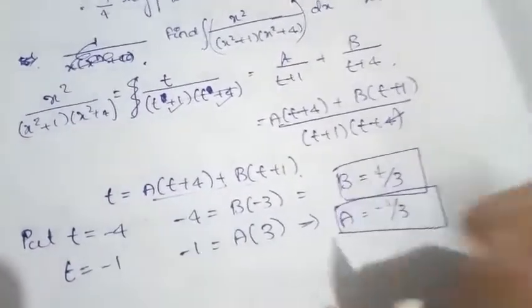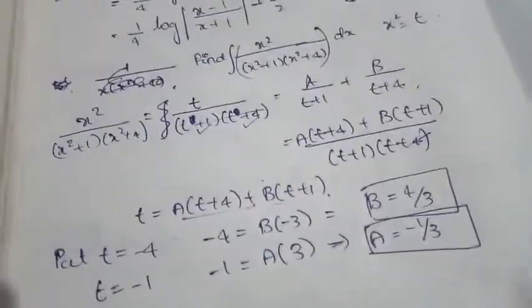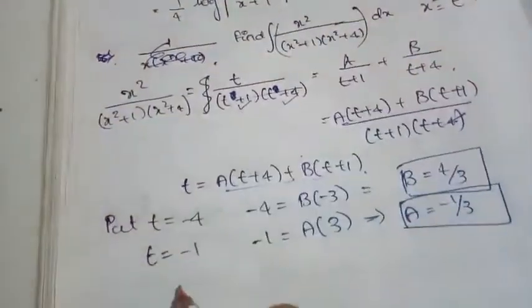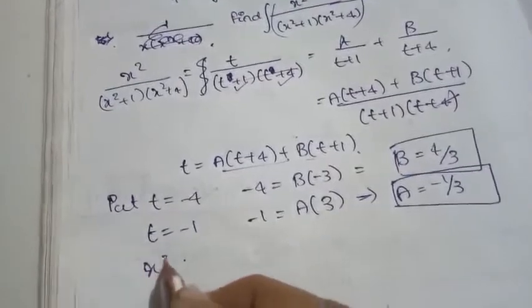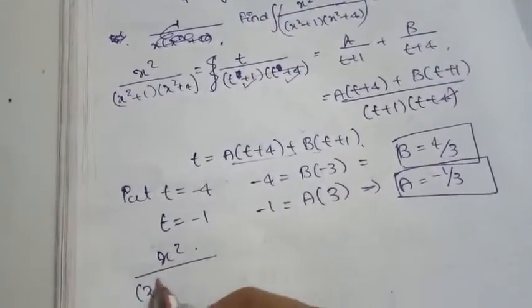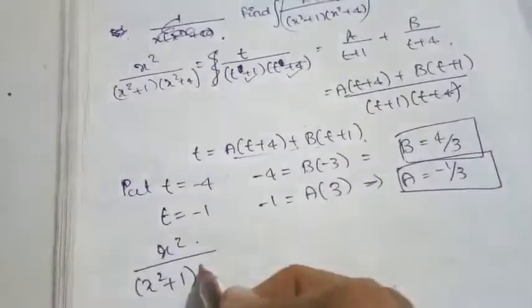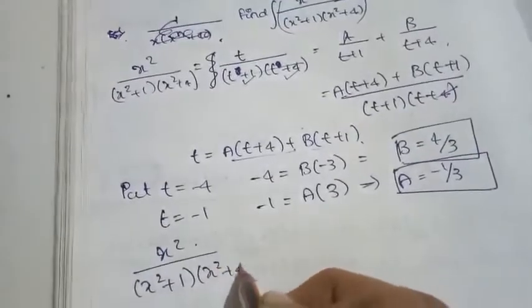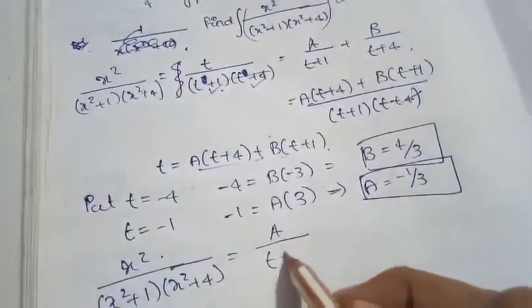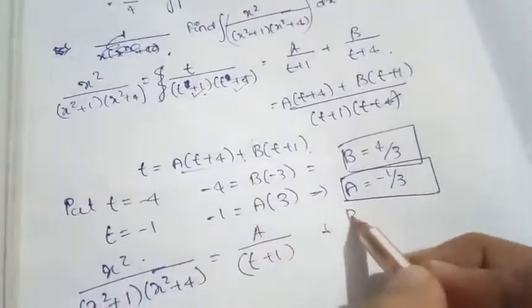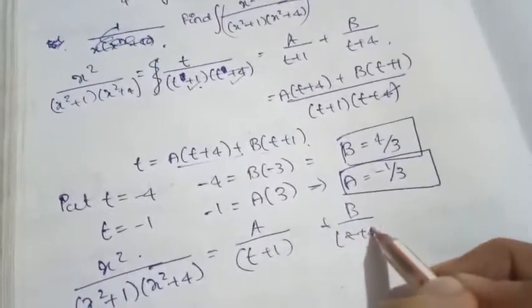So we got the values of A and B now. The expression x square divided by x square plus 1 into x square plus 4 was written in this form, A divided by t plus 1 plus B divided by t plus 4.